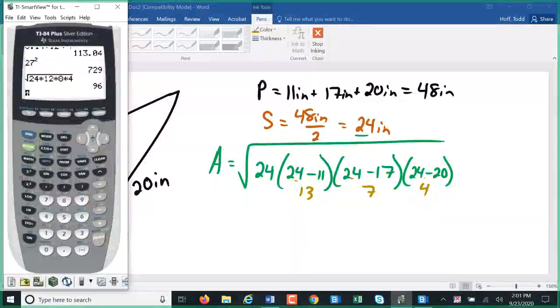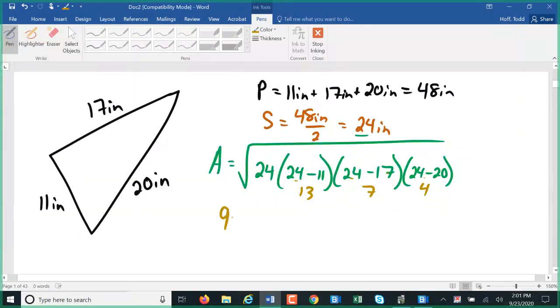So this is the square root of 24 times 13 times 7 times 4. 93.47, we'll call it. So our area comes out to be 93.47 square inches.